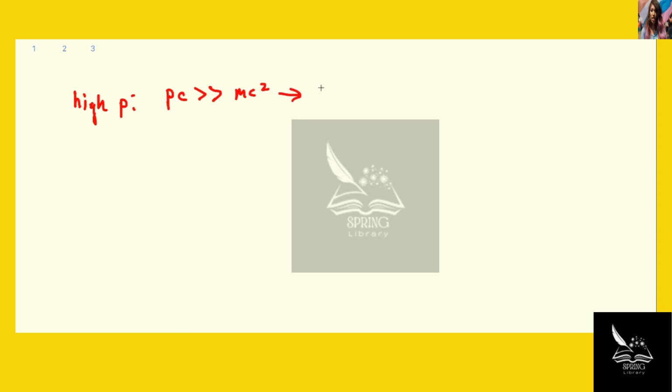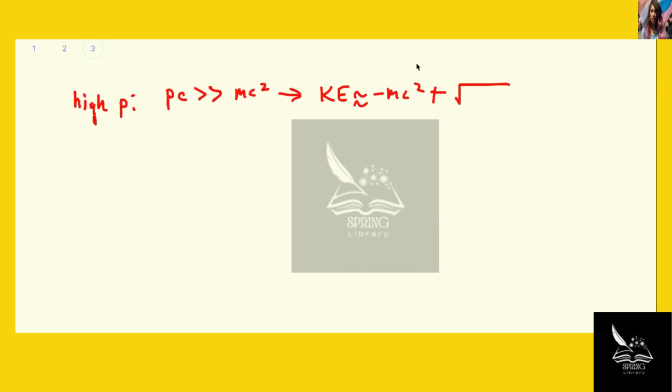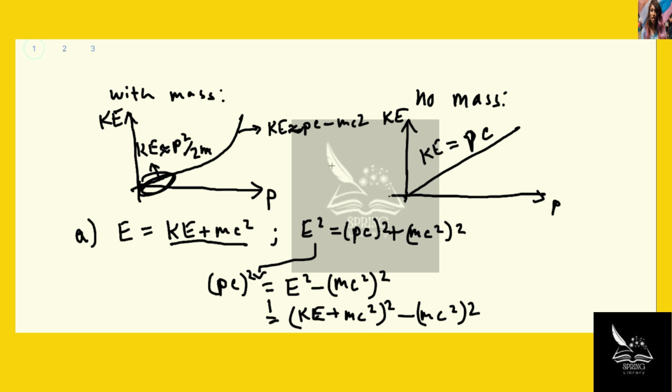This means that KE is approximately negative mc² plus the square root of p²c² plus m²c⁴. The p²c² term will dominate over that, so what we get here is just the square root of p²c², because mc² is small. This comes out to be negative mc² plus pc, and that's what we get here in the higher momentum regime.